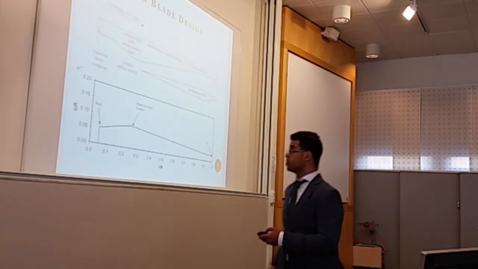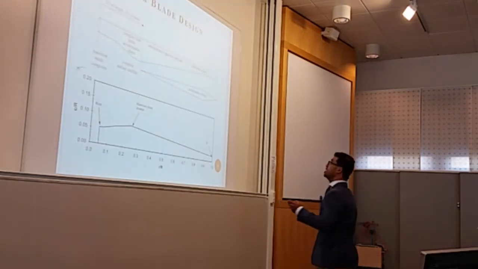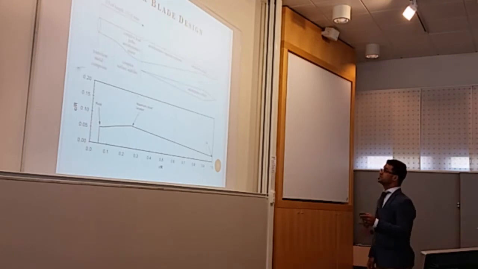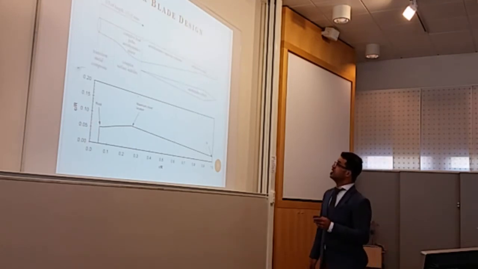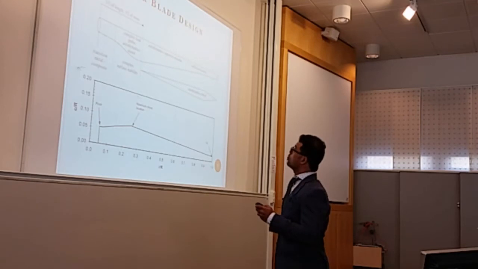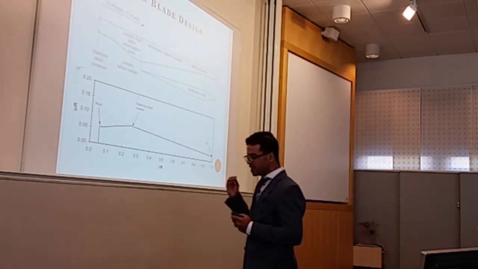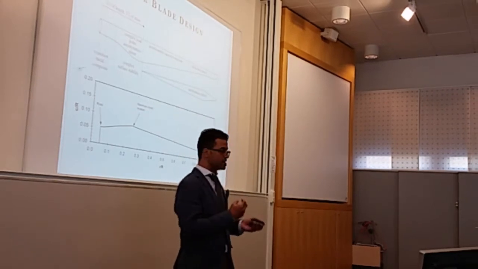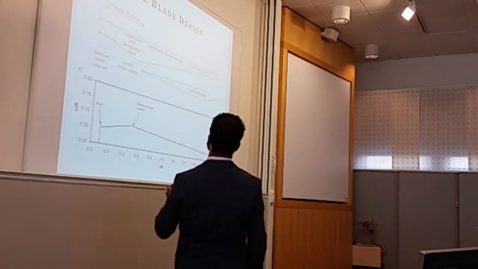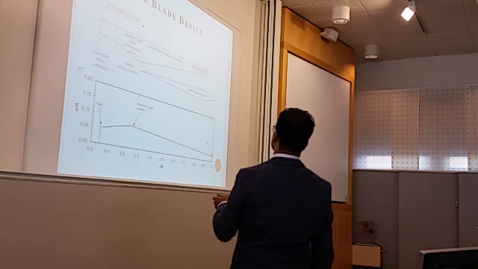If we look here at the general design of any blade, we can find that it is divided into 3 divisions. The important one here is the first third of this blade, because it contains 50% of the mass itself. So this one is very strong and very important.